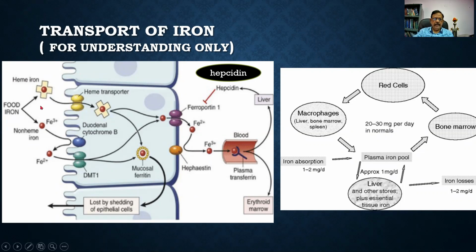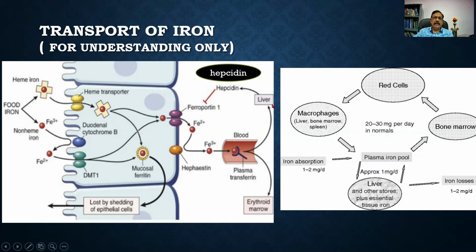One is a heme iron, another is a non-heme iron. The heme iron passes the receptor and it traverses the basement membrane. The ferrous form and the ferric forms are being carried into the blood by means of plasma transferrin.